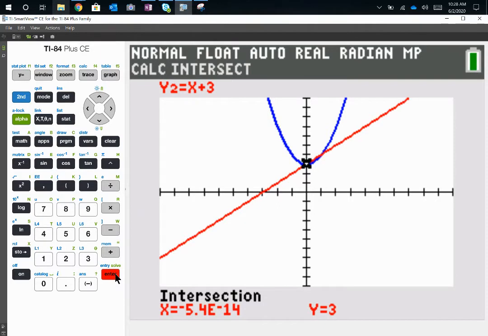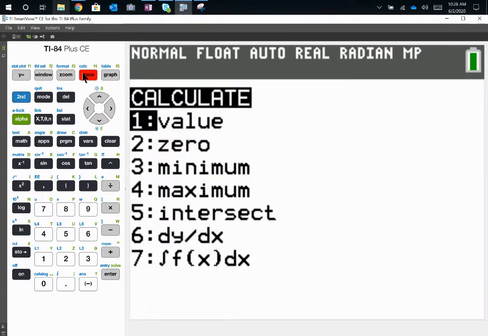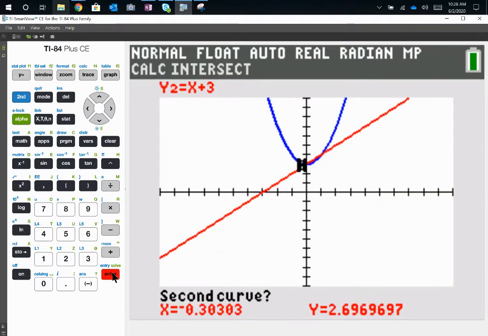Now, if you want to be sure, you can clear it again and trace it, and then do the process again. Second, calculate, intersect, enter, enter, enter. And it's giving you a number that's close to the intersection, which is at 0 and 3.